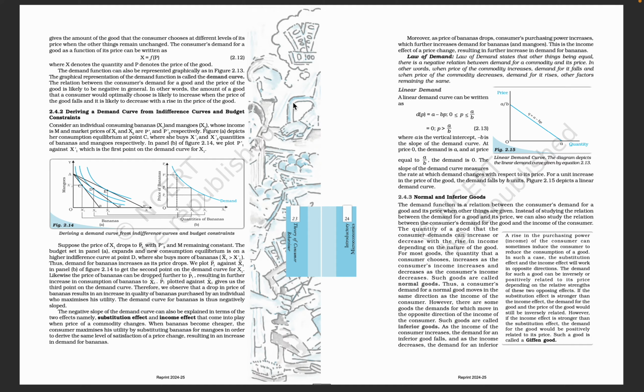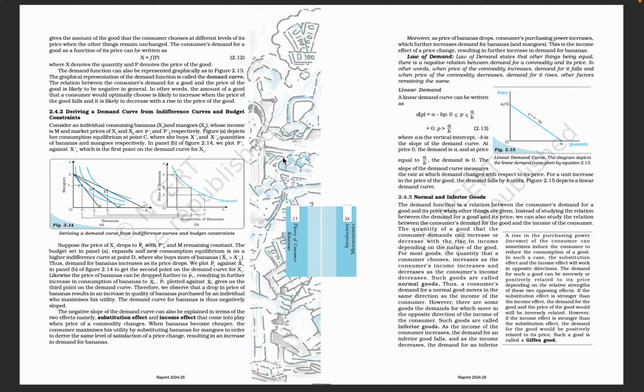For most goods, the quantity that a consumer chooses increases as the consumer's income increases and decreases as the consumer's income decreases. Such goods are called normal goods. Thus, a consumer's demand for a normal good moves in the same direction as the income of the consumer. However, there are some goods the demands for which move in the opposite direction of the income of the consumer.